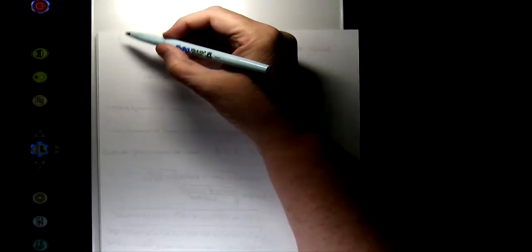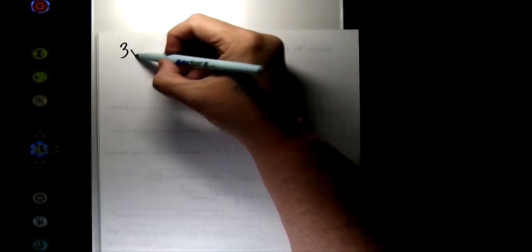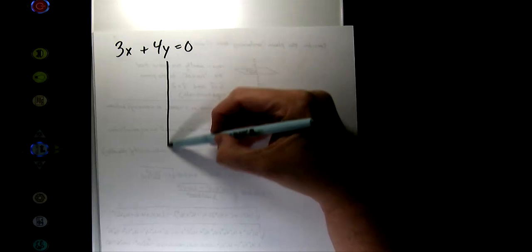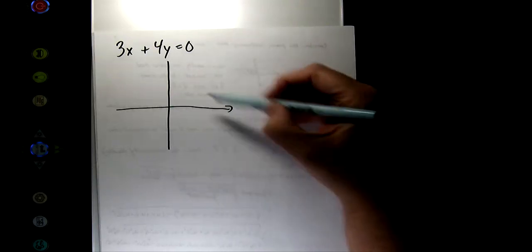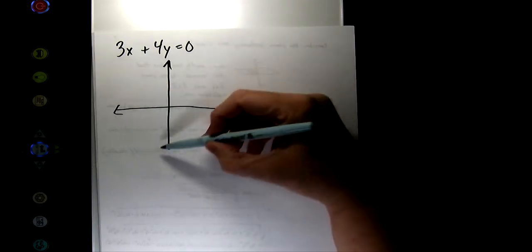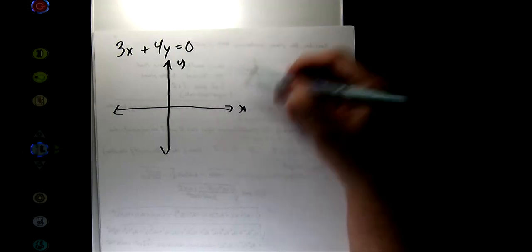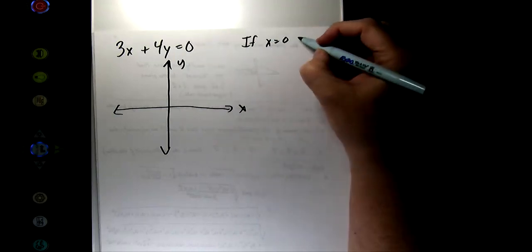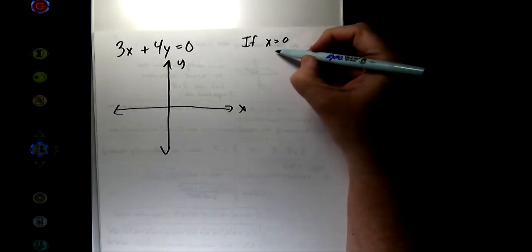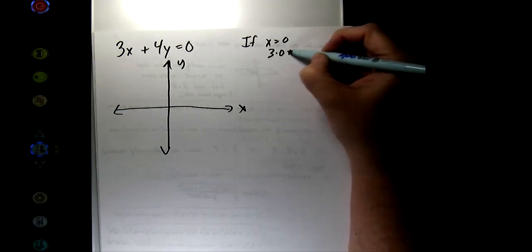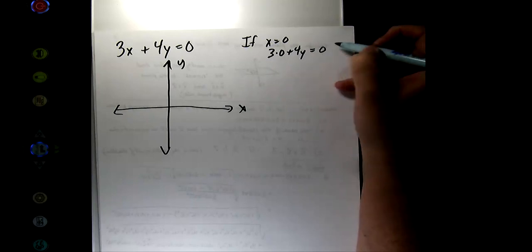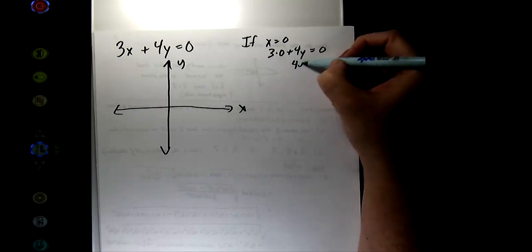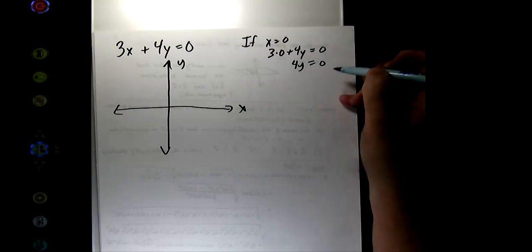Then we have something like 3x plus 4y equals 0. We go with our intercepts. If x equals 0, then I have 3 times 0 plus 4y equals 0. So 4y equals 0.